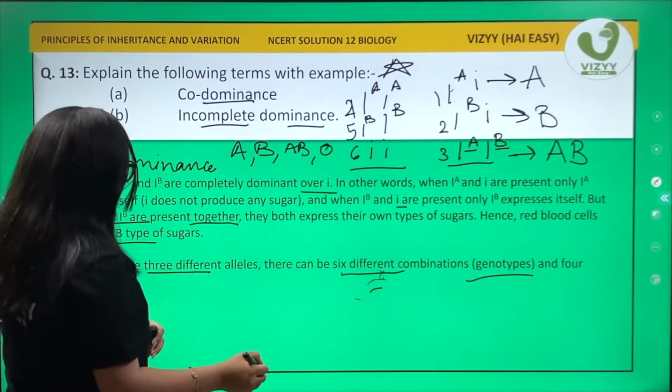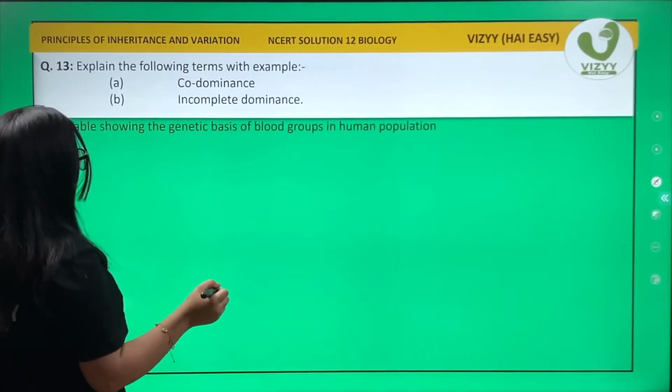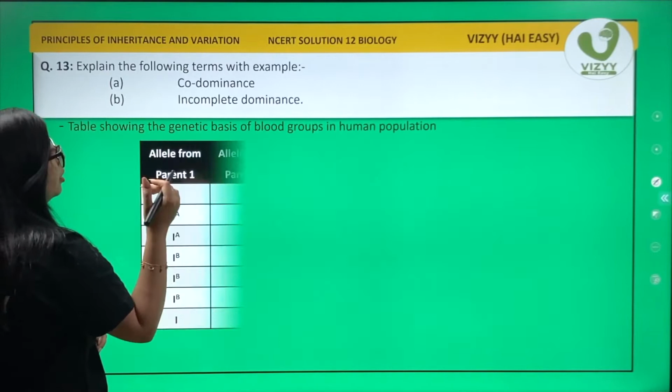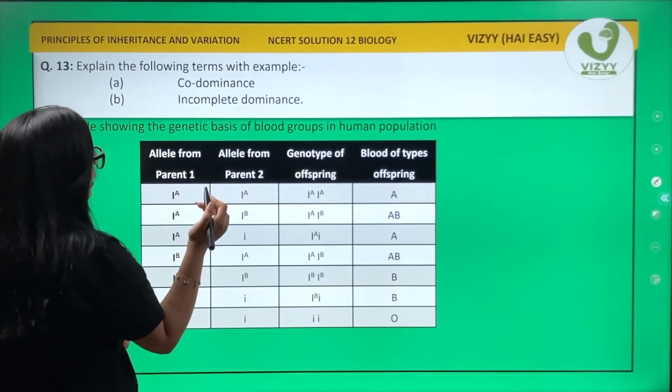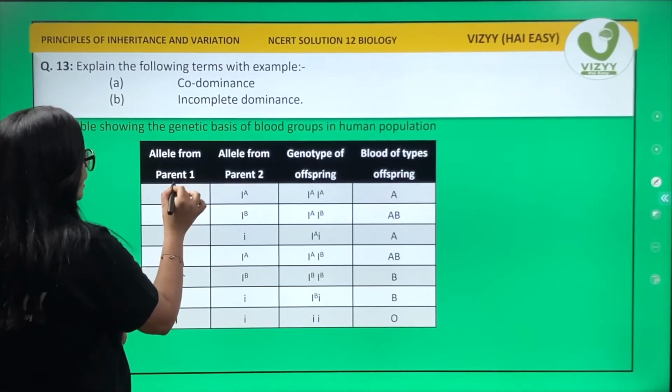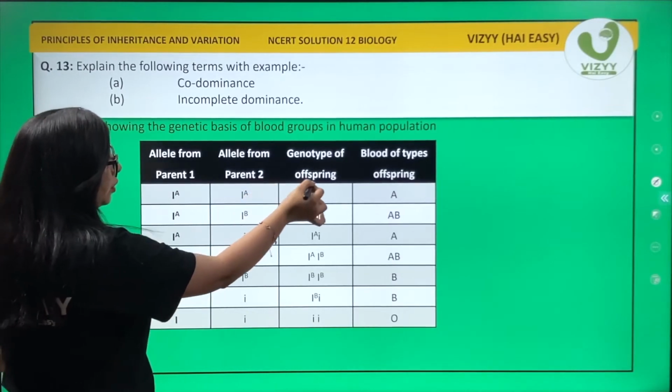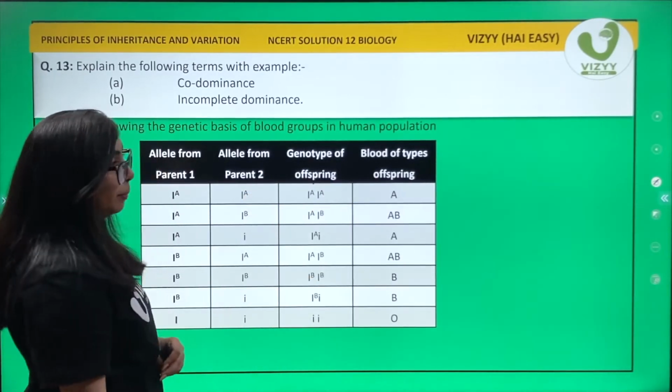Okay, students? So, going ahead. Alleles from parent 1, parent 2, offspring and their blood type.